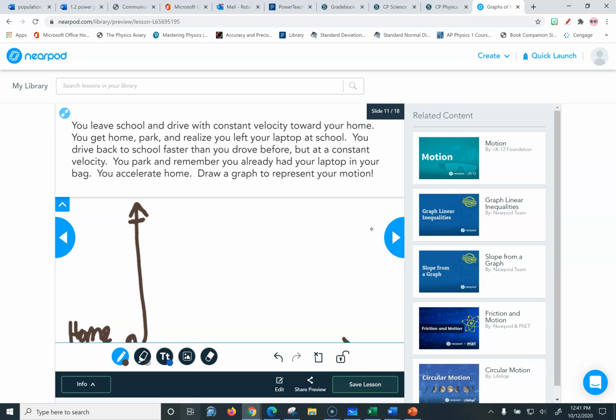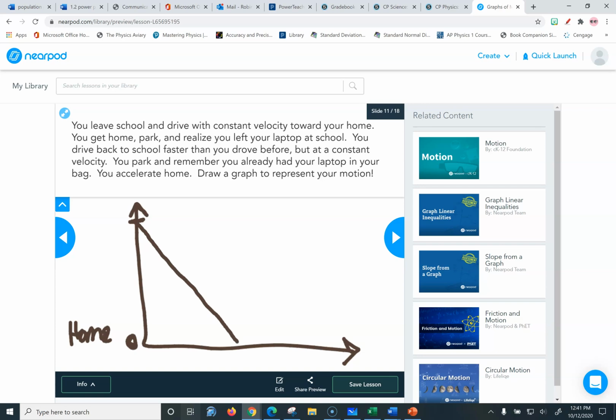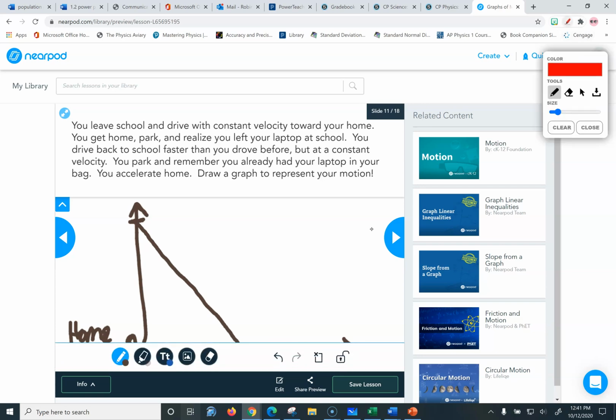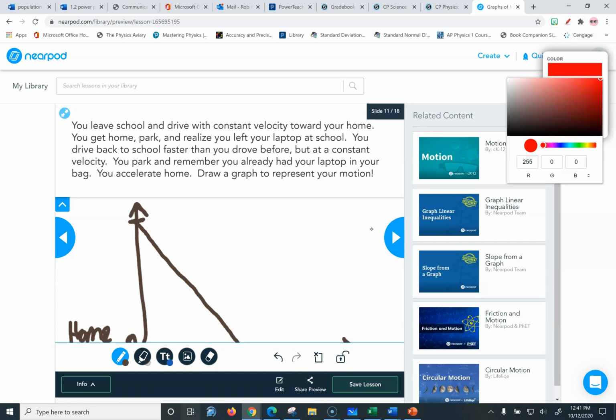All right, so we're going to start at school. We're going to move with nice constant velocity till we get home. Then, let me change the color. So we're going to go from school to home.